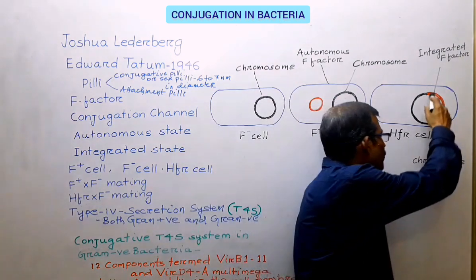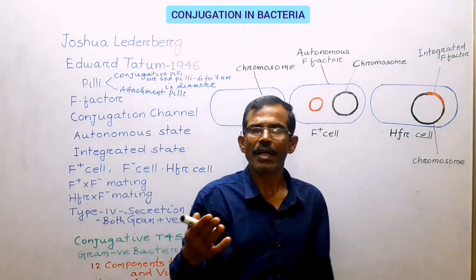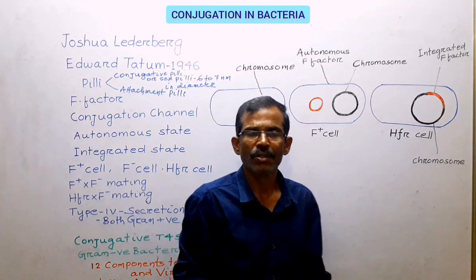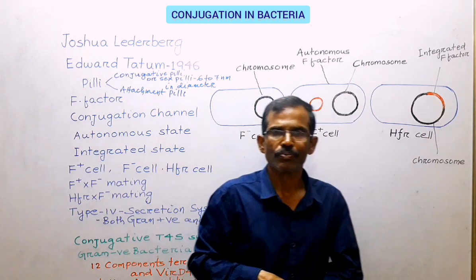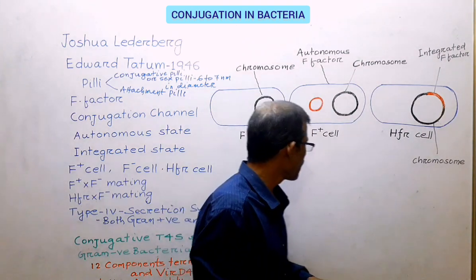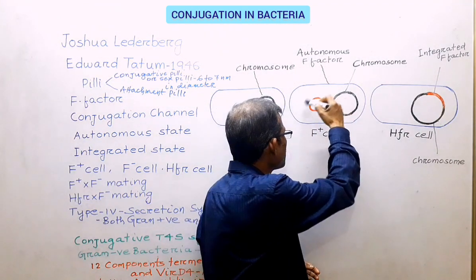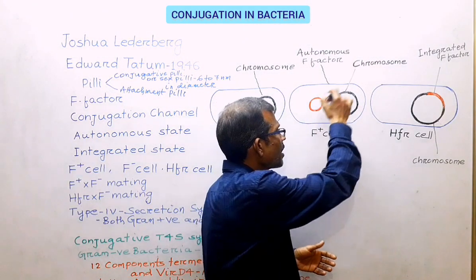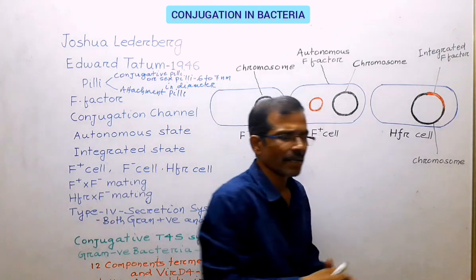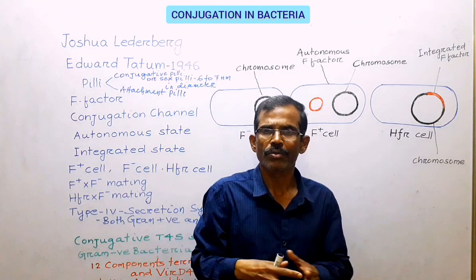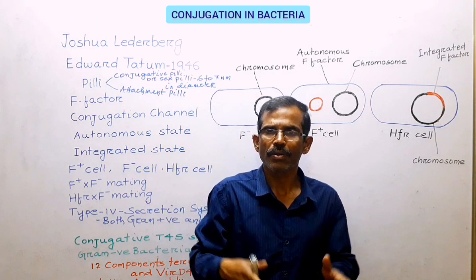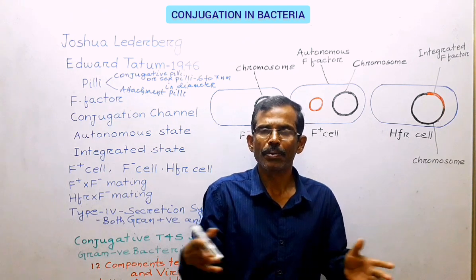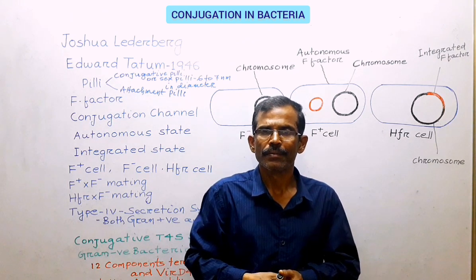So, the F factor can be integrated at many different sites of the bacterial chromosome. So, the bacterial cell which contains an F factor either in autonomous state or in integrated state can act as a donor, so it can transfer genes to a recipient bacterial cell.